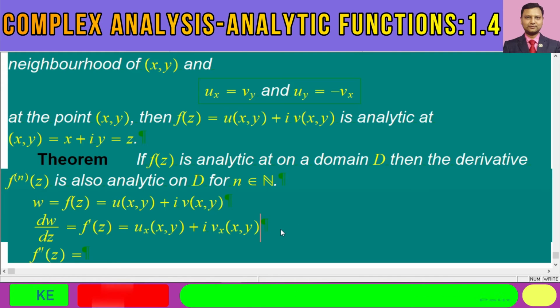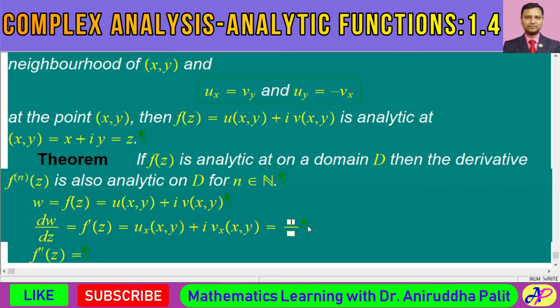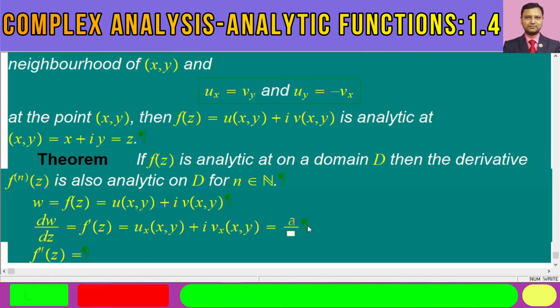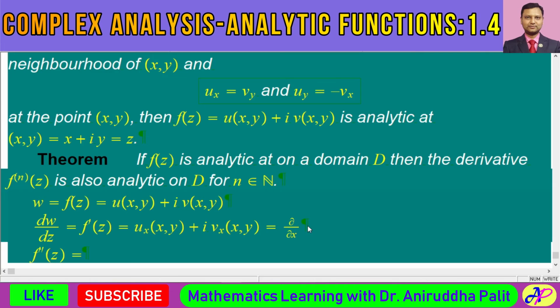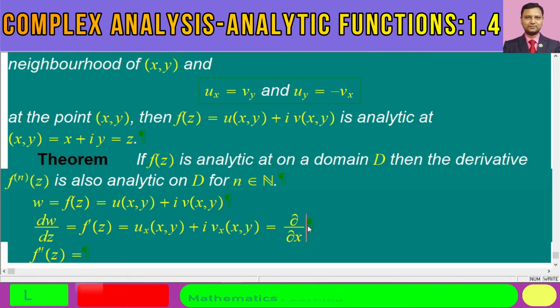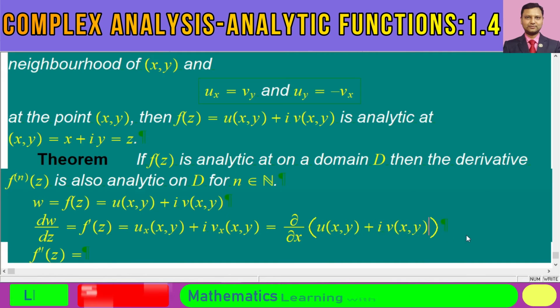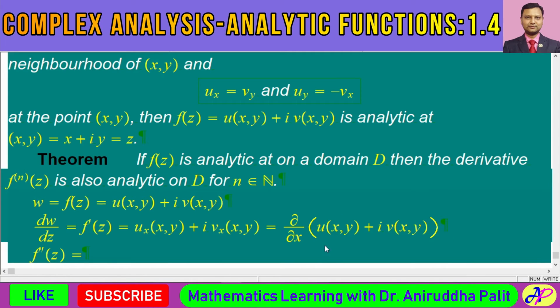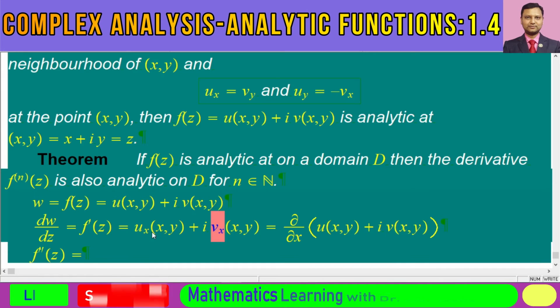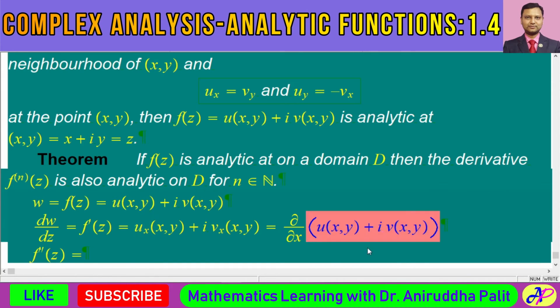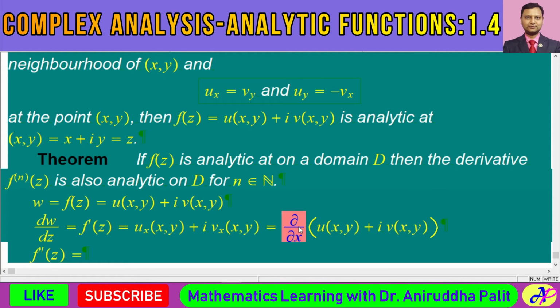If you look at this expression, this is actually the partial derivative with respect to x of u plus iv, and that is equal to the partial derivative of w.